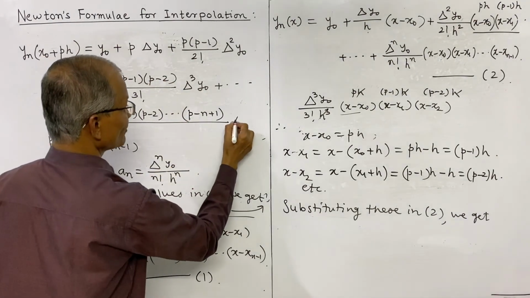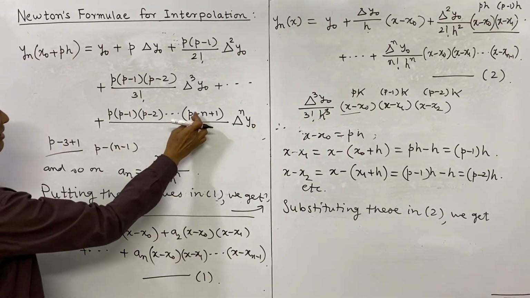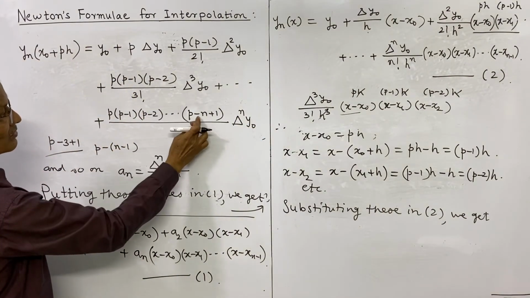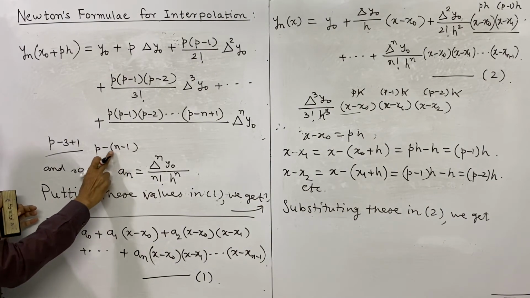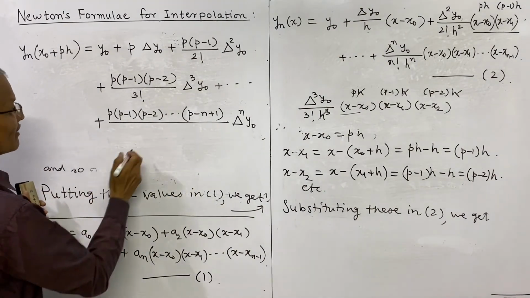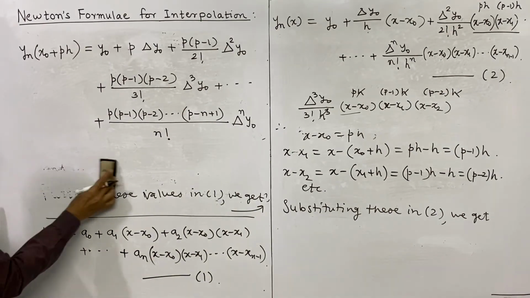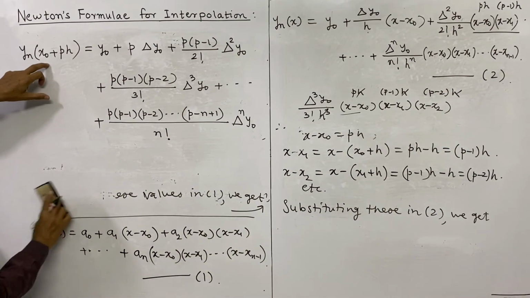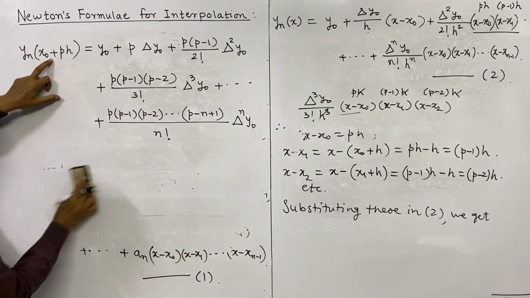So we have delta to the power n y naught, and the difference in the factors is of 1. So here it is minus of n minus 1, which gives p minus n plus 1, divided by n factorial. So this is the actual value of yn at x, because x we have assumed as x naught plus ph.